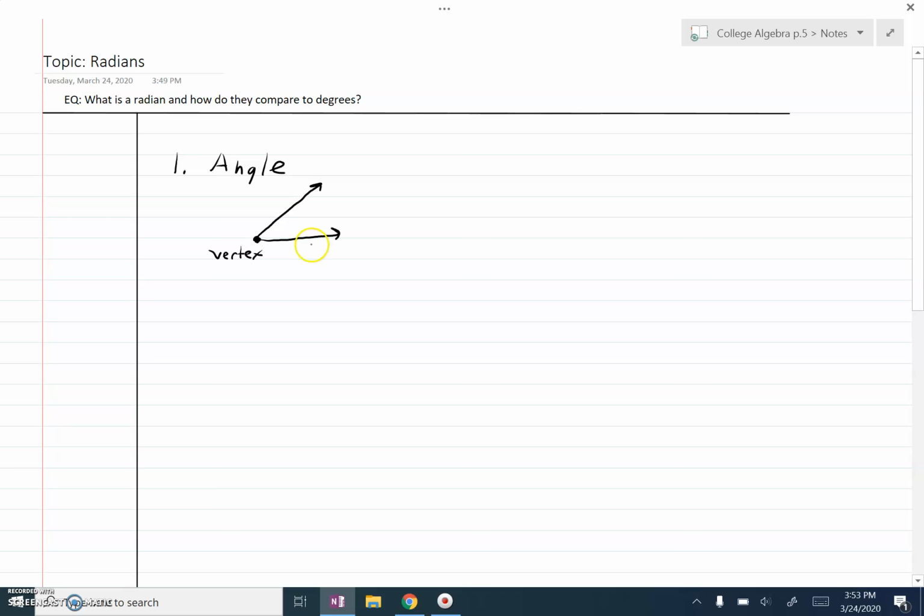And then it has two sides, or two rays. Often this side here can be called the initial side. So we know that's where it starts, and then it goes away from it. This would be the coterminal side, which means where it stops.